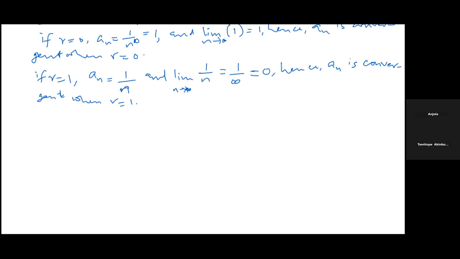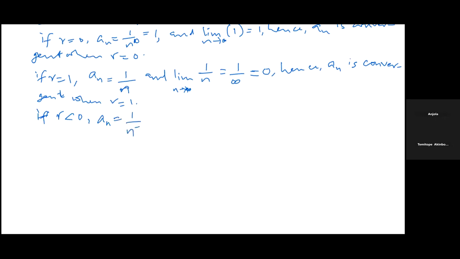So if r is less than 0, that is negative now, a_n will be equal to 1 over n raised to power minus r. Do you agree with that?